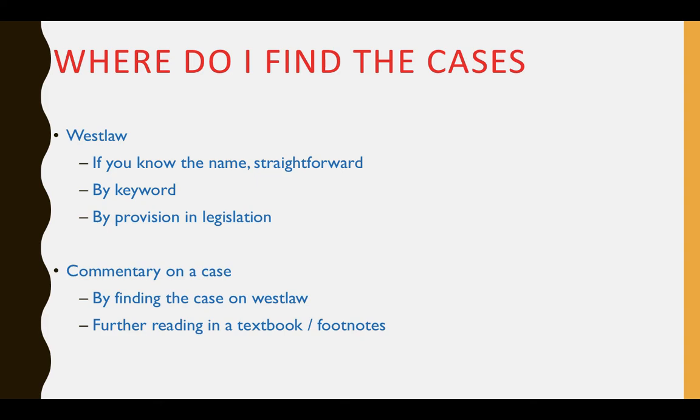But another way of doing it is finding the case itself on Westlaw, and once you've found it, on the left side of the toolbar, you'll see a link called commentary, and if you click on that, it'll give you the option of looking at journal articles that mention that particular case. And from the length of those journal articles and the title, you can figure out if there are any case notes on it, and if there are any more in-depth articles that tease out some of the implications of the case.